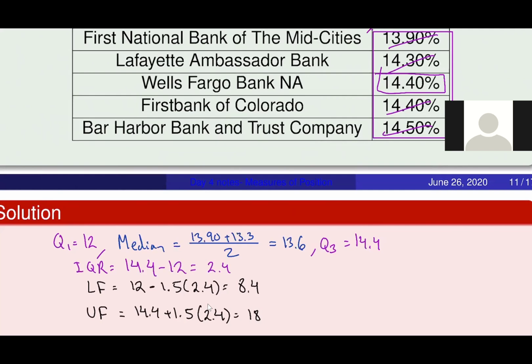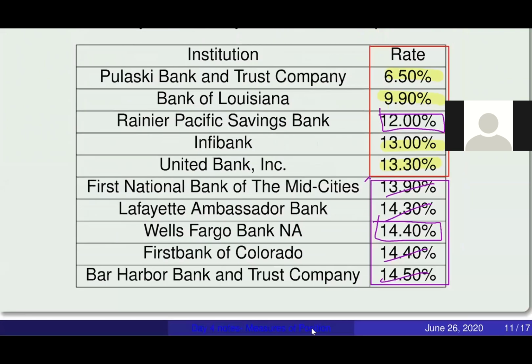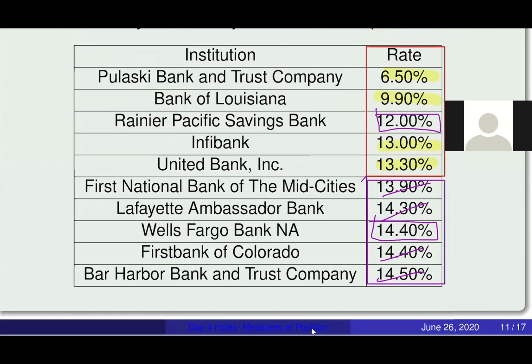If you look at my lower fence and my upper fence, they're telling me any number between 8.4 and 18 is considered normal. But if the number is higher than 18 or lower than 8.4, we'll consider that an outlier. Based off of that, do we have any potential outlier in our data set? And if so, which one?